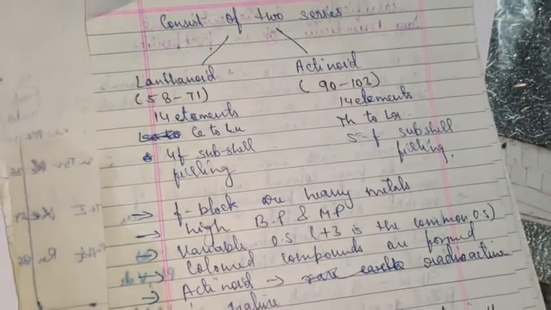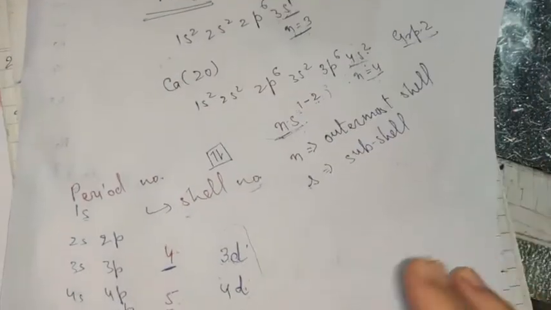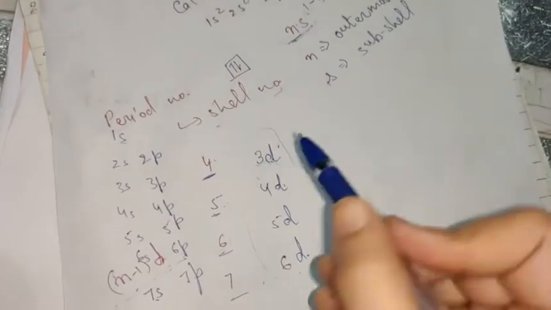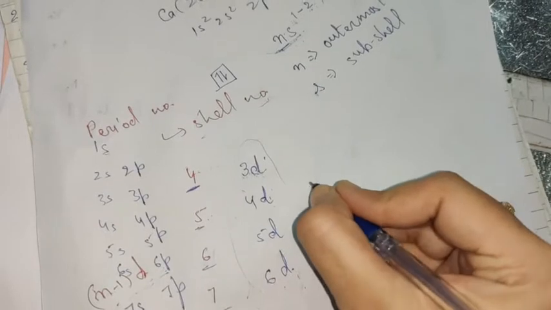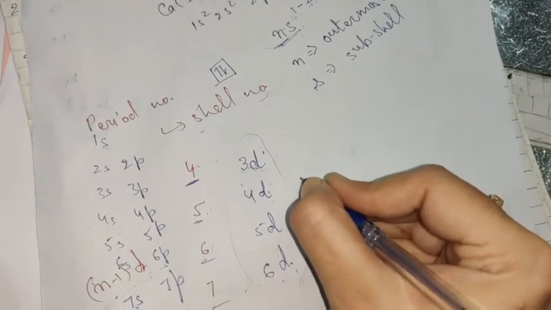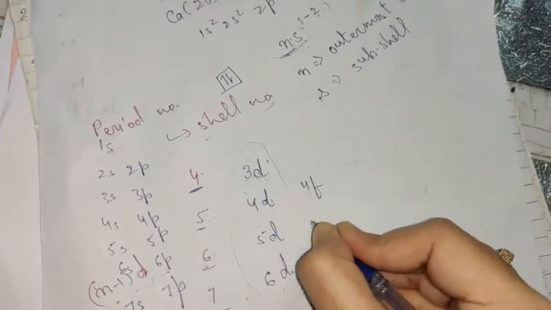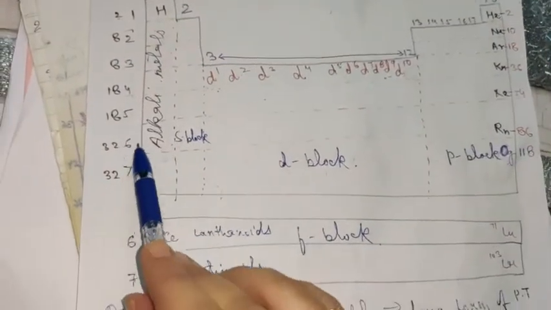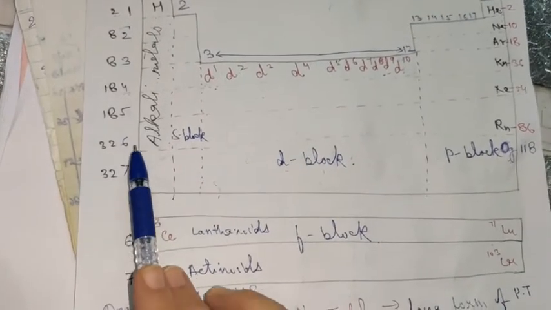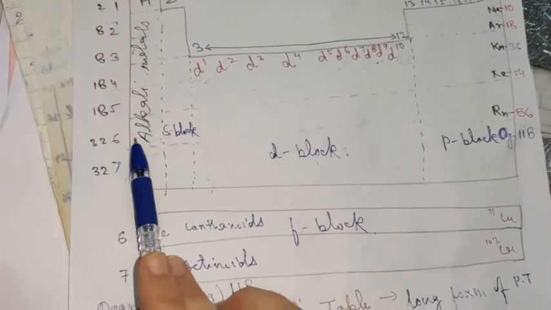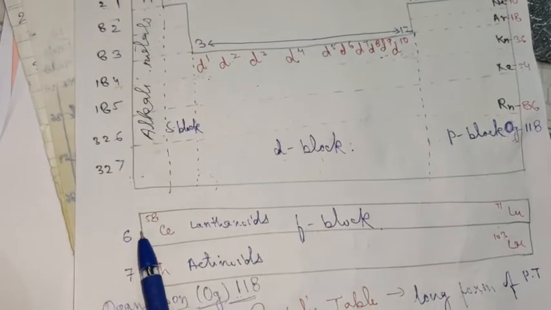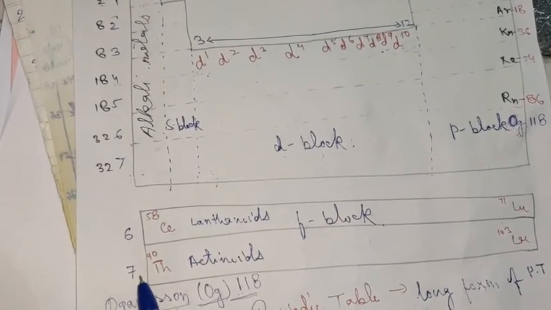Now again, moving on to the comparison with Aufbau's principle. If you remember, in Aufbau's principle you had only two f series, that is 4f and 5f. Now coming to the periodic table, the f block elements are present only in the 6th and 7th periods.